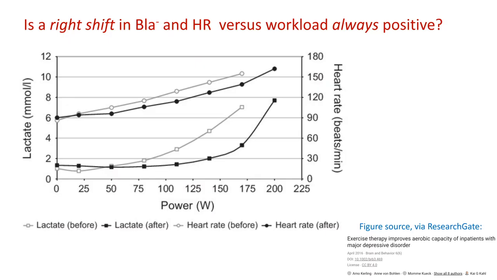Now, we tend to say that if lactate or heart rate is lower at a given workload, that's positive. That is an improvement. And over time, that's true. But when it happens acutely during, say, a period of heavy training, it's often not a positive.